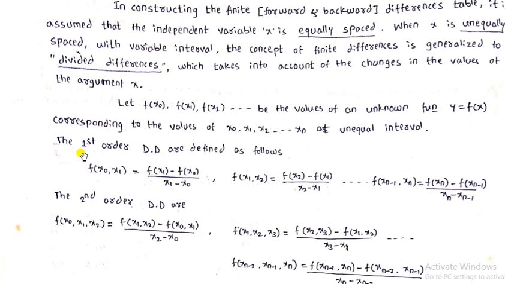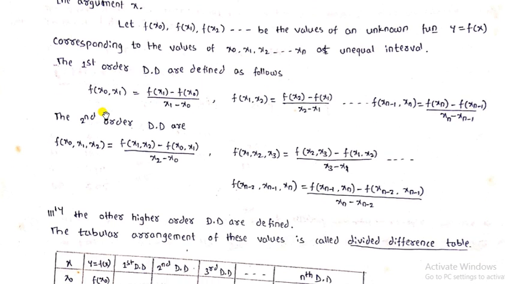Then the first order divided differences are defined as follows: f of x0 x1 is equal to f of x1 minus f of x0, whole divided by x1 minus x0.